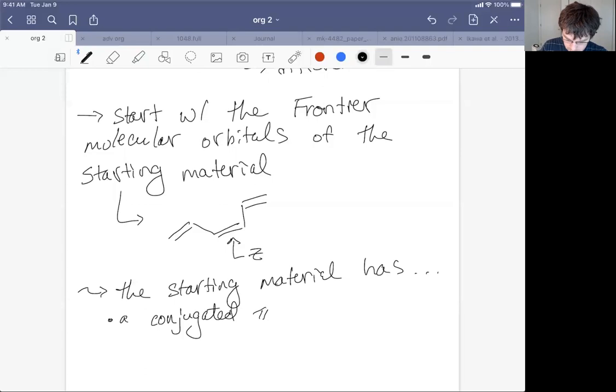We've looked at molecular orbital diagrams for conjugated pi systems before. Additionally, we have 6 atoms in the pi system.